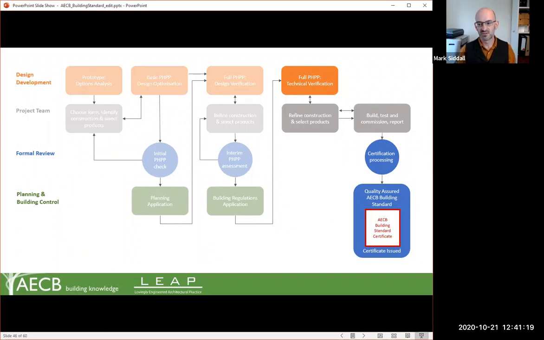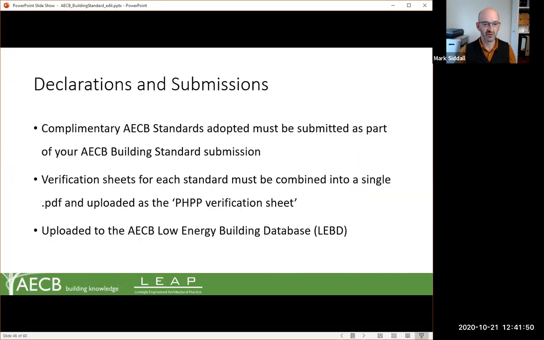Then, once the building's been constructed and commissioned, and you've got air tightness certificates and commissioning reports for the ventilation systems, and all that information's been pulled together, you can move towards the final formal review in terms of certification processing, tidying up any loose ends. You would then be able to submit the body of information to the AECB through the Low Energy Buildings database, and then you would be able to get your certificate.